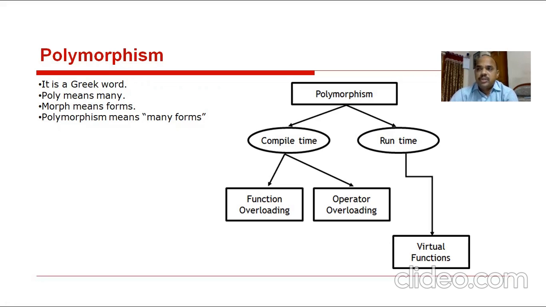In polymorphism, the member functions with same name are defined in base class and also in each derived class.